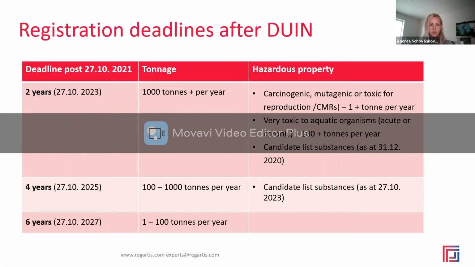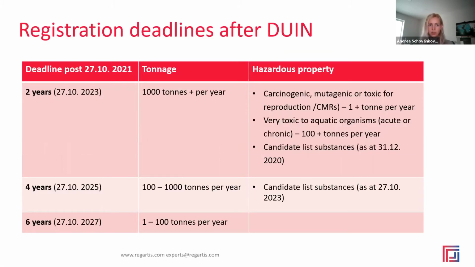And these are set for 2, 4, or 6 years after the 27th of October. And it's dependent on the tonnage you have for the substance and on the hazardous properties of the substance.